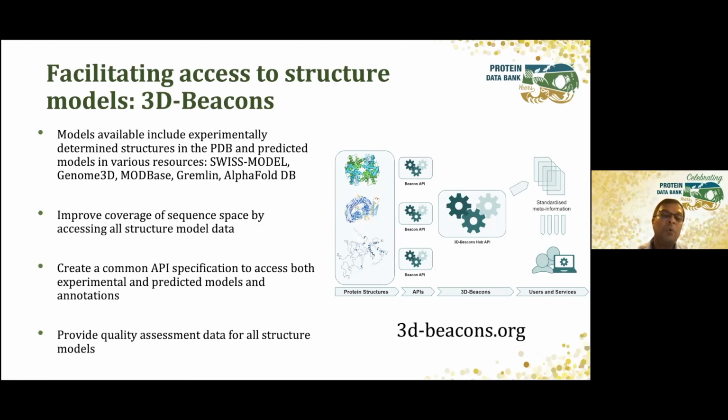So create a portal where once you send in a query, you get back information that provides you access to all the different models, including from PDB. And this was also to improve the coverage of sequence space. As I said, PDB has a really small amount of data in terms of sequence space coverage, but that gets augmented by all these other data resources.